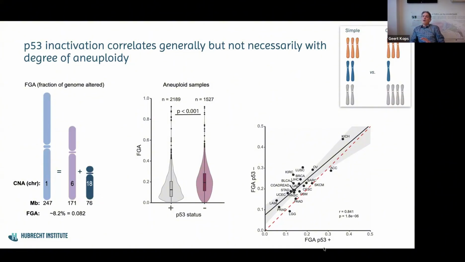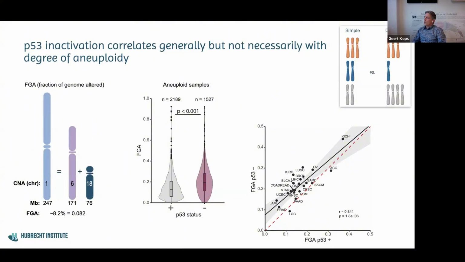So also here, yes, pan cancer, it looks to be this trend of p53 mutation will allow for the selection of higher aneuploidy states, but there's very clear tissue specificity in this, which is, I think, kind of fascinating. Like, how can some of these cancers get such high aneuploidy without a p53 mutation?